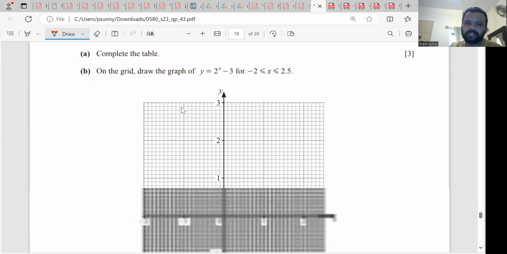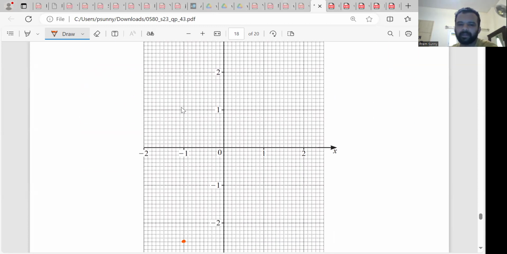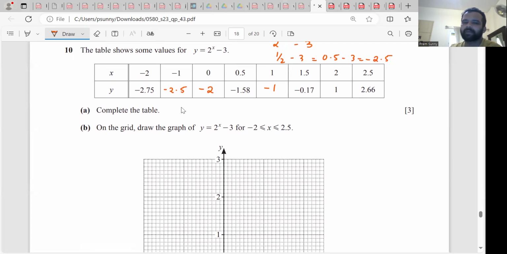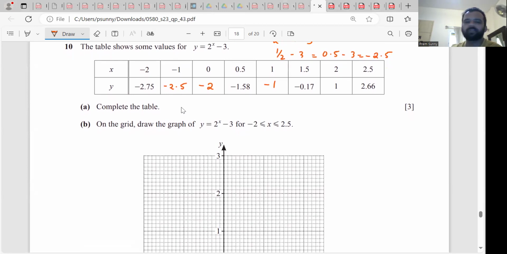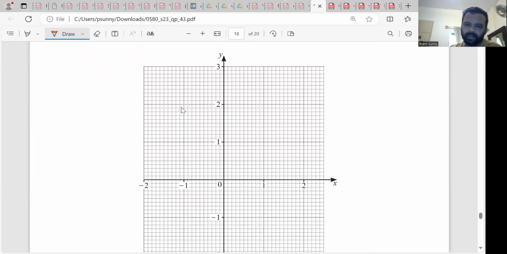Then 0 comma minus 2. The x coordinate is 0, that means my point is on the y-axis. 0 comma minus 2 is over there. And then 0.5 comma minus 1.58, I'm not going to do that because it is very difficult to plot. I just need a few points. 1 and minus 1, I can plot this, 1 on the x-axis, minus 1 on the y-axis.